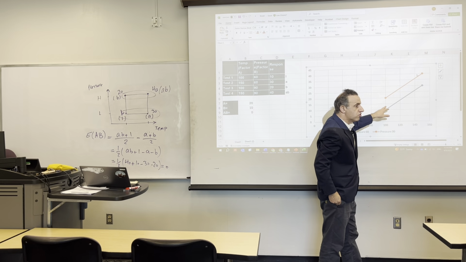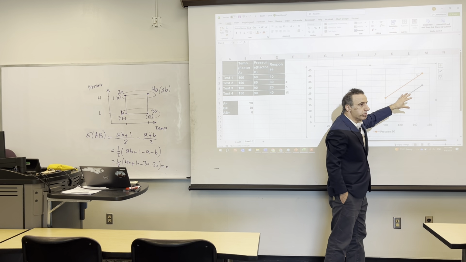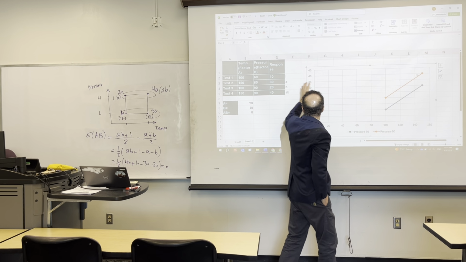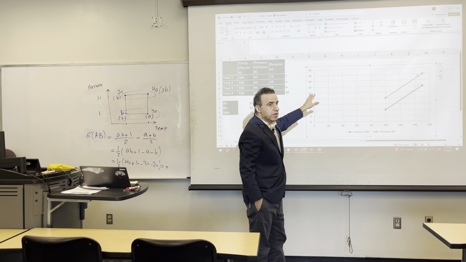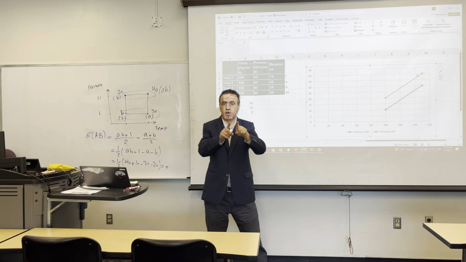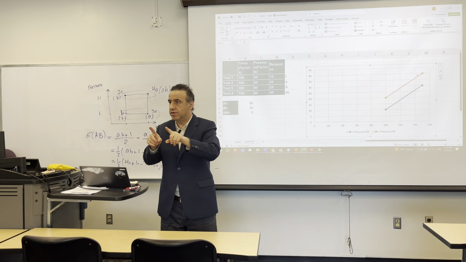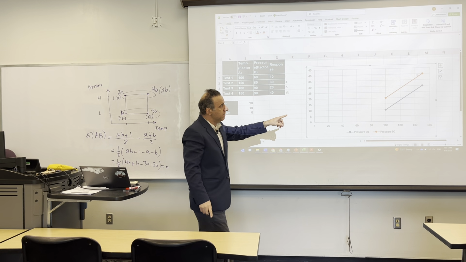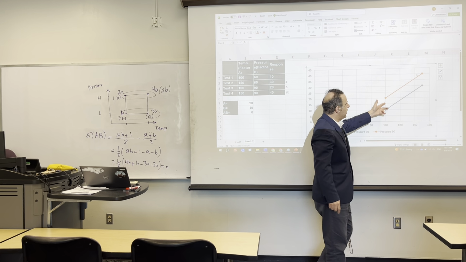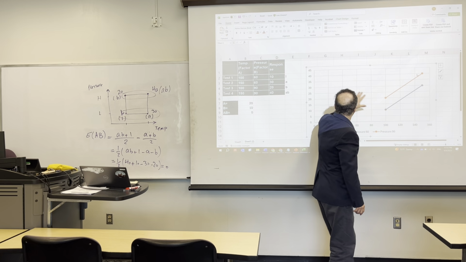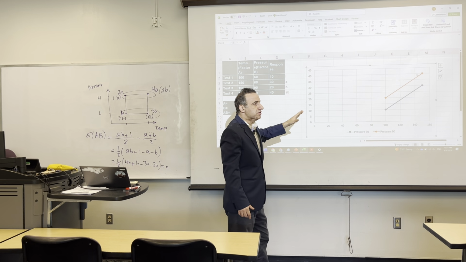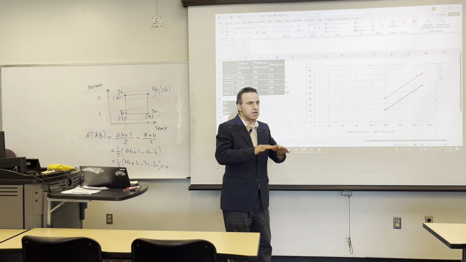No matter which pressure you use, you will get the same amount of response. So these two plots are parallel. If you see parallel, it means the factors are independent. They are not dependent. There is no interaction.